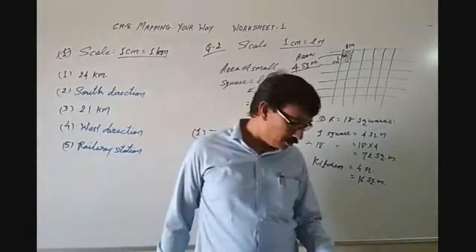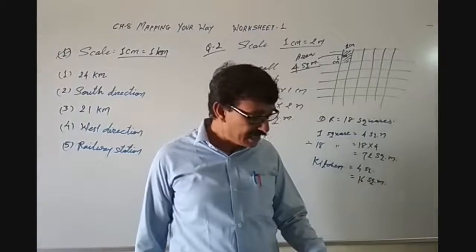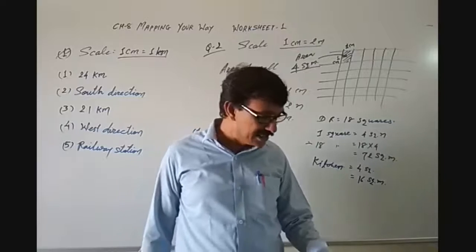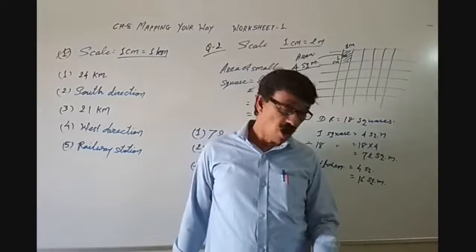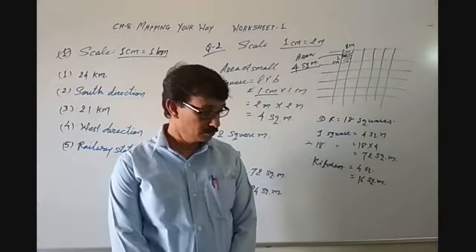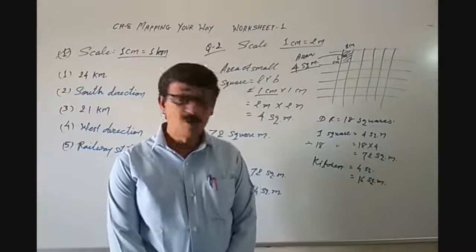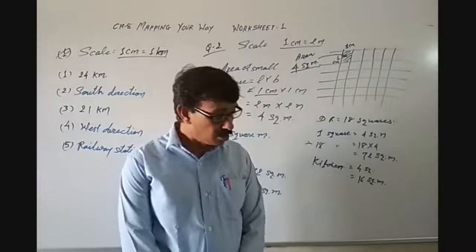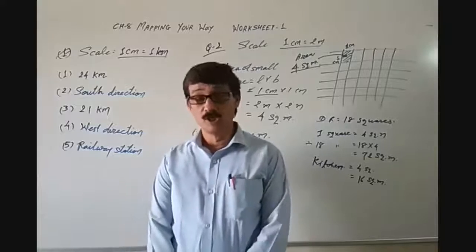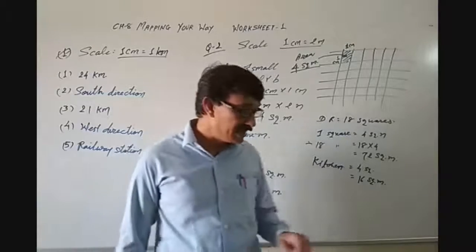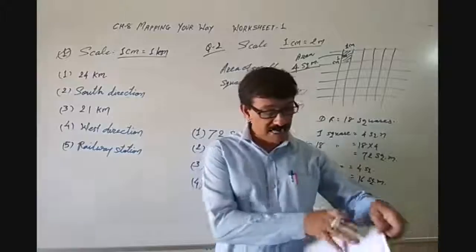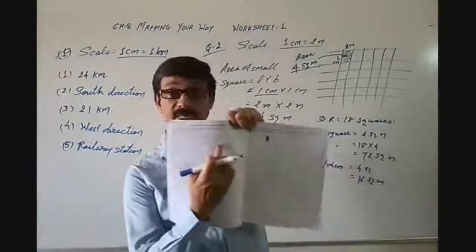And the fifth one: is the area of the garden more or less than the area of the storeroom, and how much? First of all, we should find the area of the garden. Where is the garden? Somewhere over here.